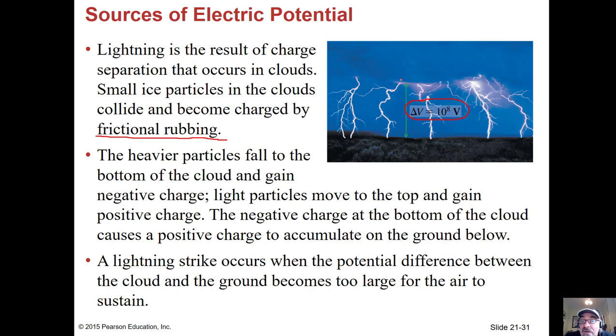This part of the cloud is negatively charged. That induces electrons on the surface to go further in, leaving this positively charged. Electrons in the cloud then are attracted to the positive charge here, so electrons in the cloud go to the surface. That's what lightning is.